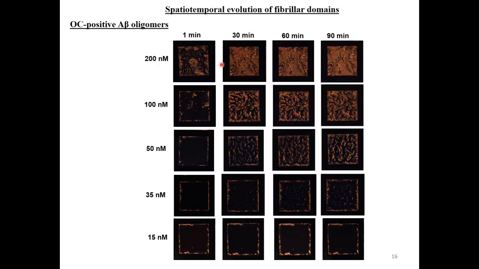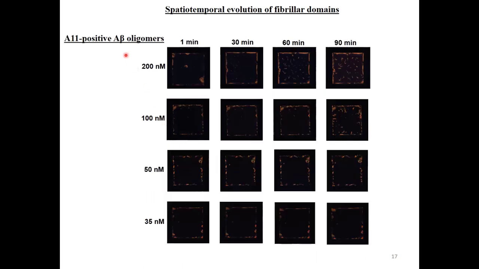Next, we looked at the spatiotemporal evolution of these domains and found that by varying the concentrations of the oligomers, different patterns come. For example, the OC positive A-beta oligomers can be sensed at a concentration of 35 nanomolar. Below 35 nanomolar, they are unresponsive. In case of A11 positive A-beta oligomers, we see the formation of branched domains at a concentration of 50 nanomolar.